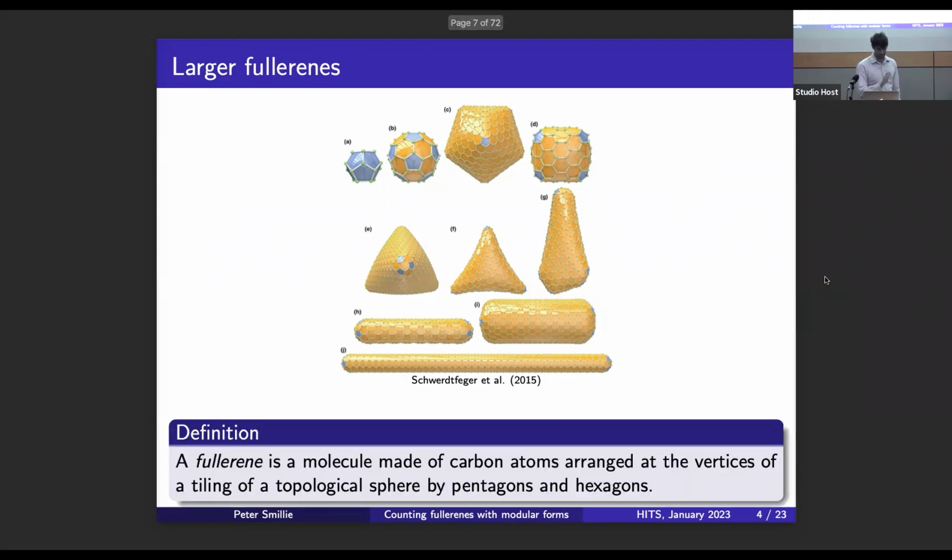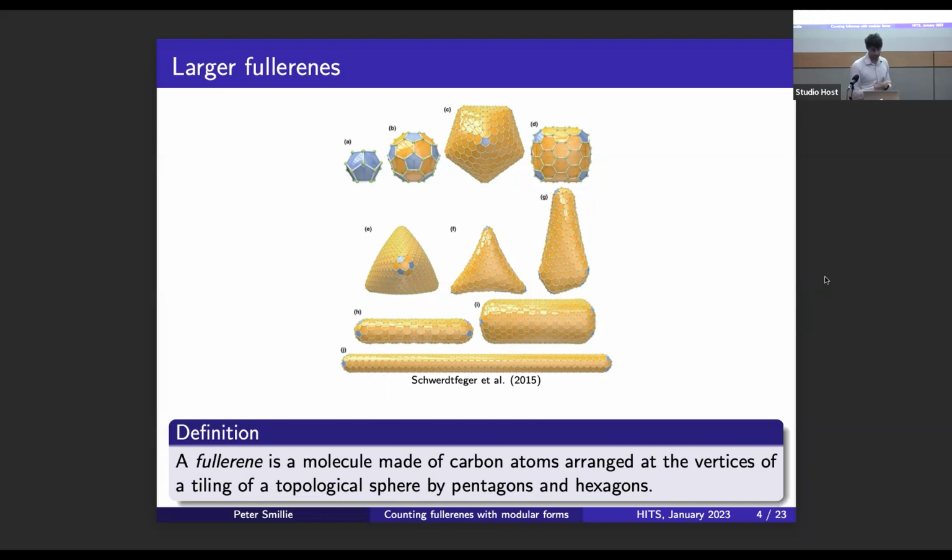So let me define in the chemistry sense what a fullerene is, and then I will clarify exactly what I'm going to study and count. A fullerene, for me, is a molecule made of carbon atoms, but it should have this geometric configuration where they're arranged on a surface, at the vertices of a tiling of the surface by pentagons and hexagons.